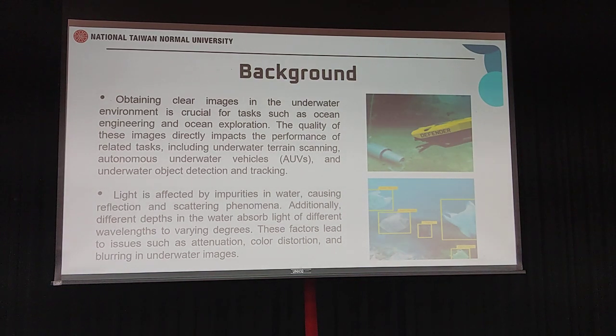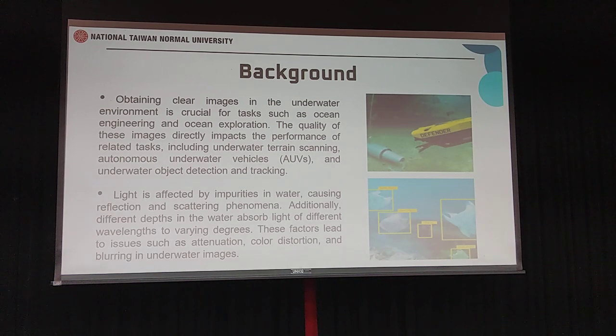Underwater images are important for many marine applications, such as ocean exploration, underwater rovers, and object detection. However, underwater images often suffer from poor visibility. This is mainly caused by light absorption and scattering in water. As light travels underwater, different wavelengths are absorbed at different rates.